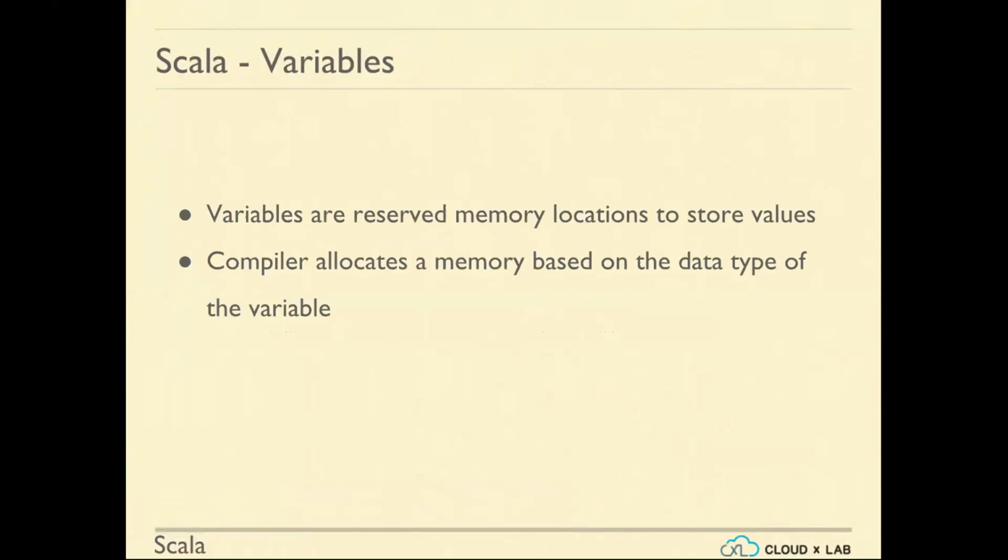If the data type of a variable is something like integer, it's going to allocate the space equal to around 4 bytes, that is a 32-bit integer.